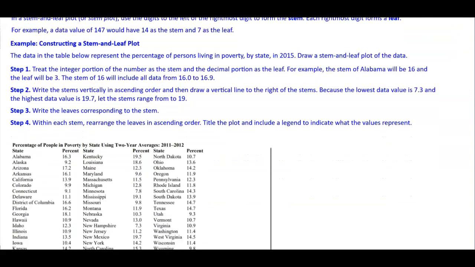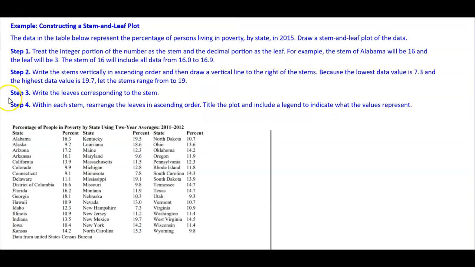In step number 1, we treat the integer portion of the number, all the numbers to the left of the decimal, as the stem, and the decimal portion as the leaf. So for example, the stem of Alabama will be 16 and the leaf will be 3.